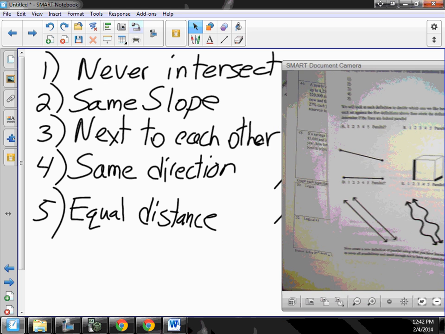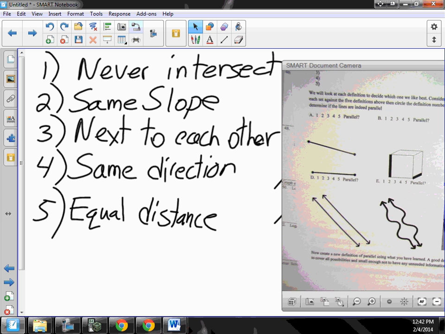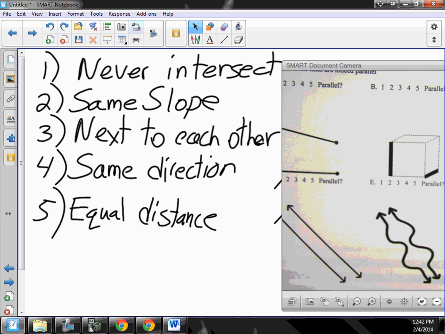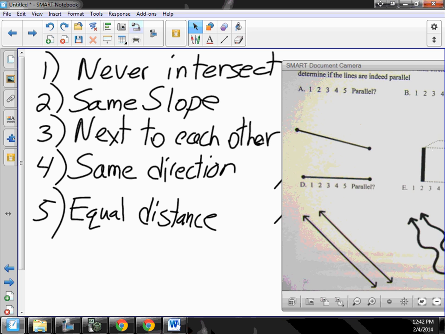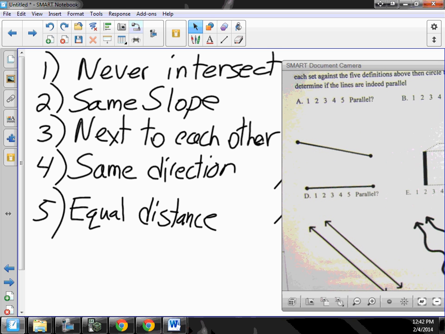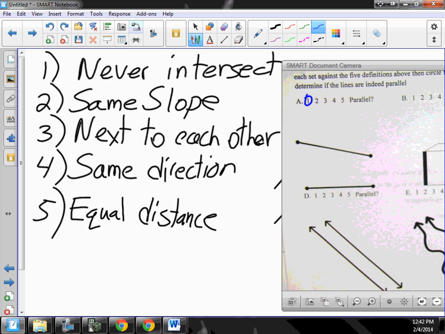So, look at letter A. According to definition 1, are those two lines parallel? Yes. So that would be a yes. According to number 2, are they parallel? No. So I cross those off.